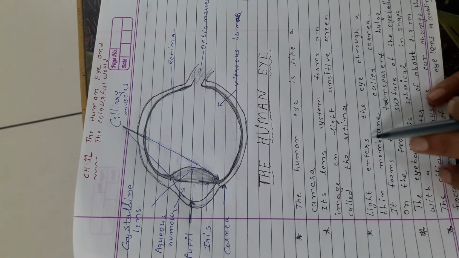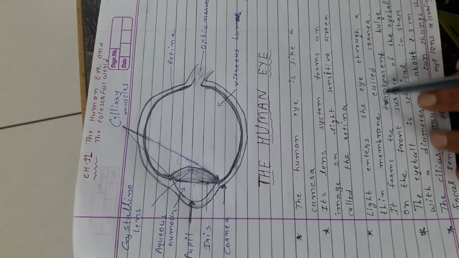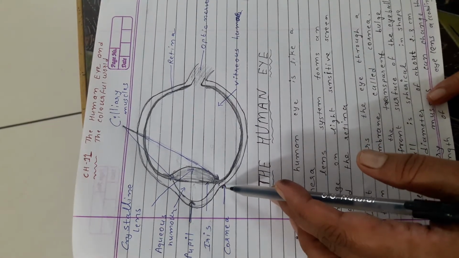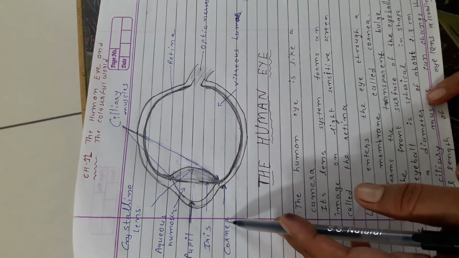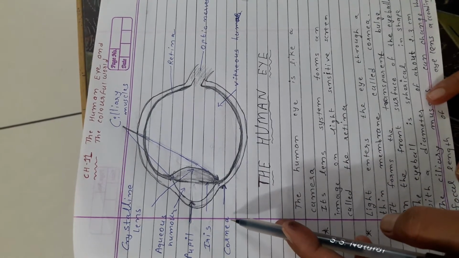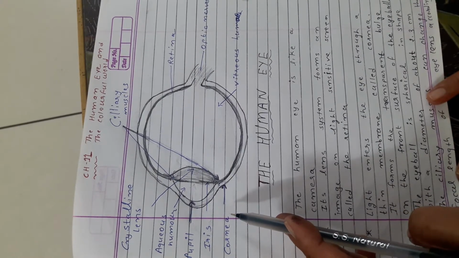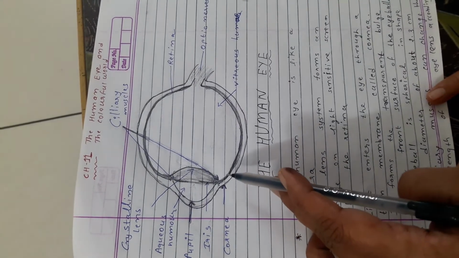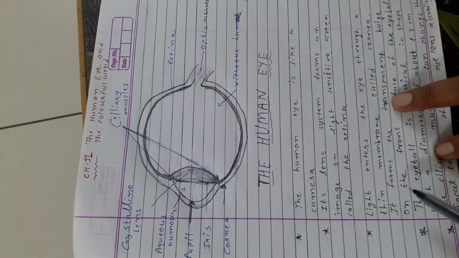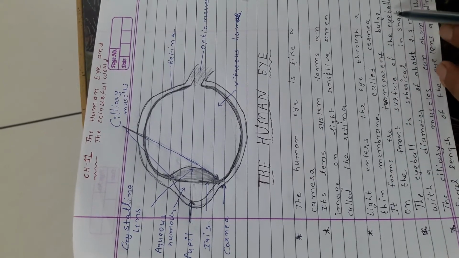So light enters the eye through a thin membrane called the cornea. See, this is the part of the eye. It is the cornea, a thin membrane through which the light enters our eyes, and it forms the transparent bulge on the front surface of the eyeball.